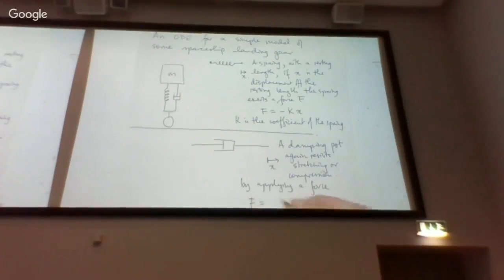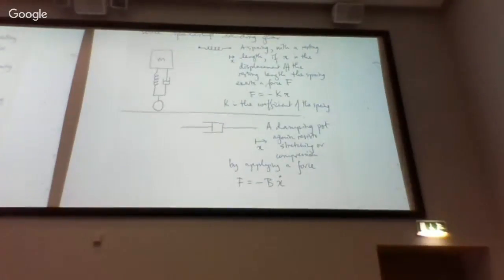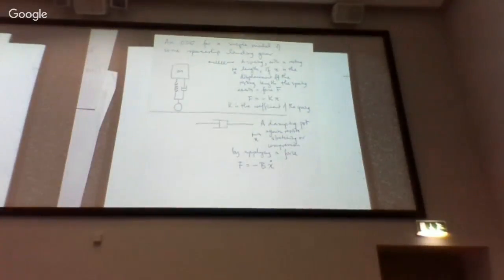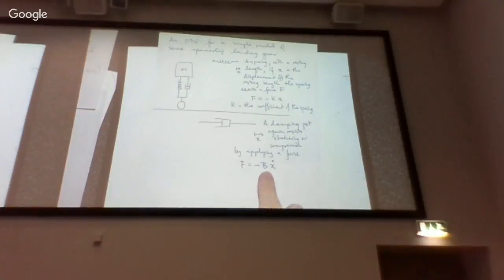This time the force is negative b times x dot, the first derivative of x. Okay? The velocity, so it depends on the velocity at which you're trying to compress it or stretch it. So it doesn't mind if you try to stretch it or compress it slowly, but if you try to do it quickly, it resists that with a force which is proportional.